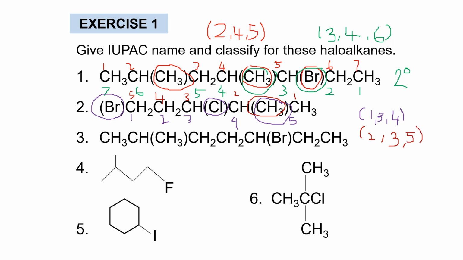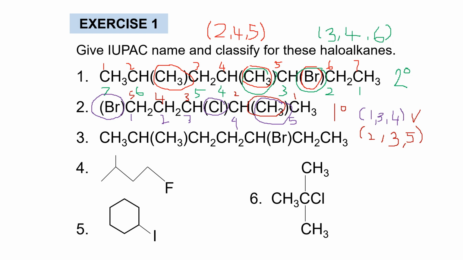So we have to choose the lower set of locants, so we choose 1, 3, 4. Arranged alphabetically, the name is 1-bromo-3-chloro-4-methylpentane. So this is a primary haloalkane.